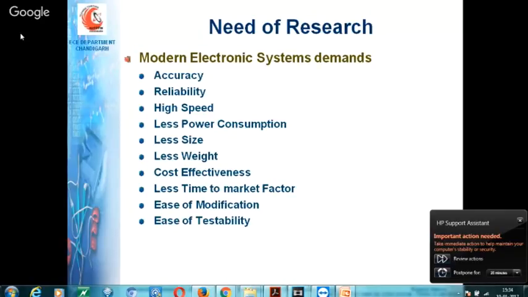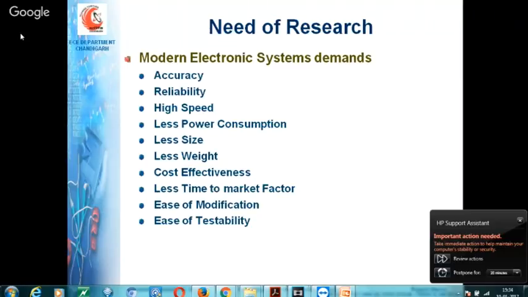Time to market should be very short, otherwise some other competitor is going to launch their product in the market and you will be out of the race. And ease of modification, because at present the electronic industry is changing very fast, so your design should be flexible and modification should be easy, so you have to consider this point also.